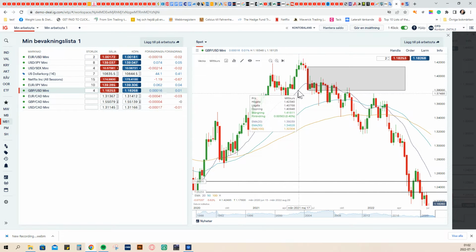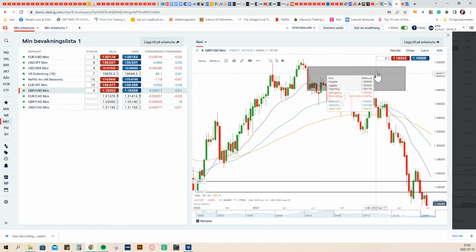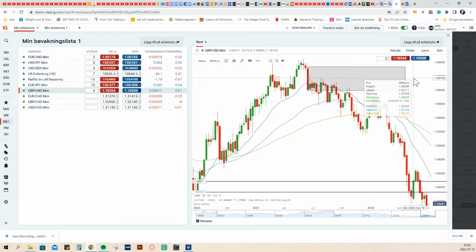So this range is massive. If you use this pullback strategy, make your sell entry on the pound dollar at half of this box here. The 50% pullback is also a very important Fibonacci tool, 50% or 62% pullback.